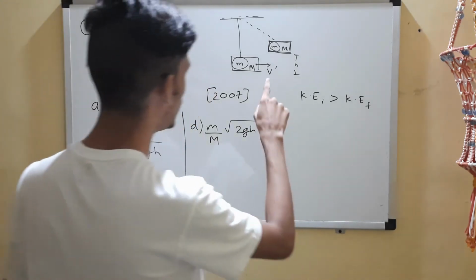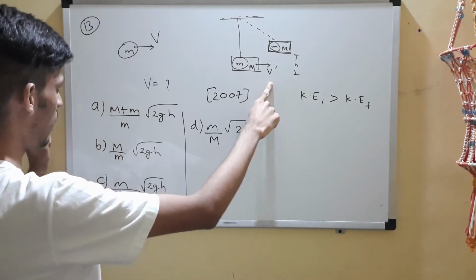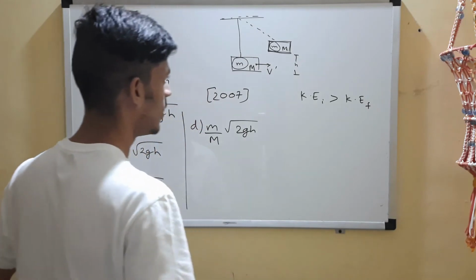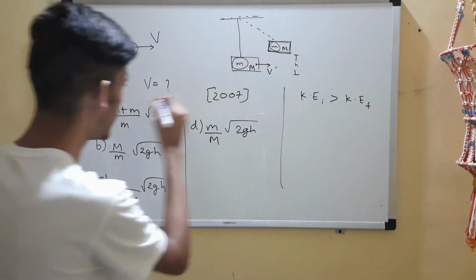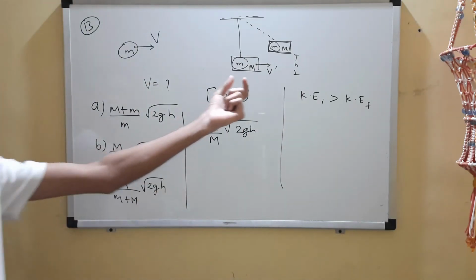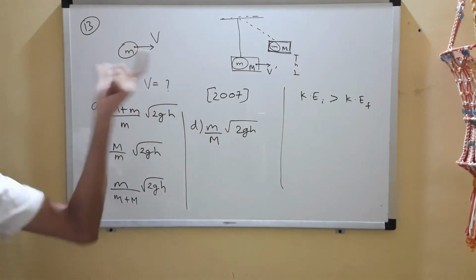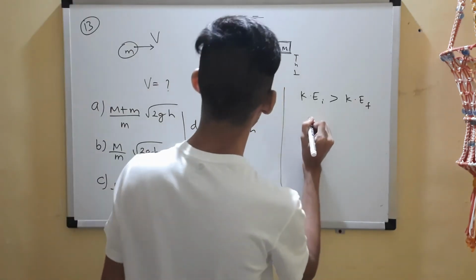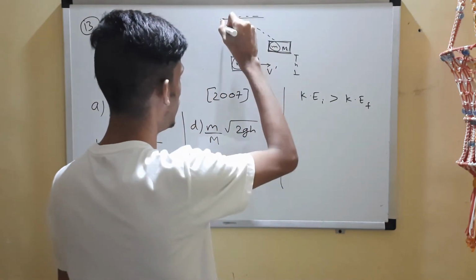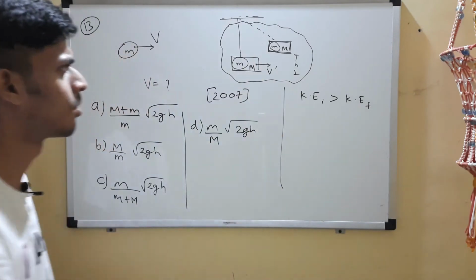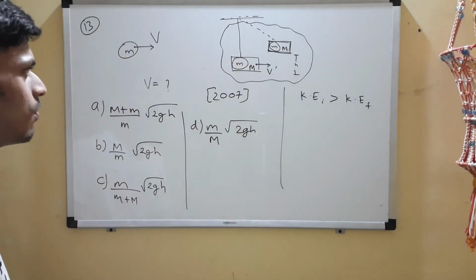So first of all, let's find this v dash, and then we'll conserve momentum. That is the best way we can do it. Since we cannot see v dash over here, we'll find v dash first, and then conserve momentum. Here we can conserve energy, because there is no collision and no non-conservative forces involved.